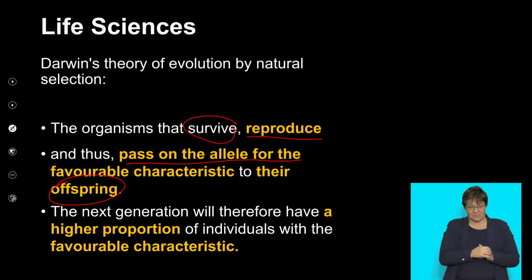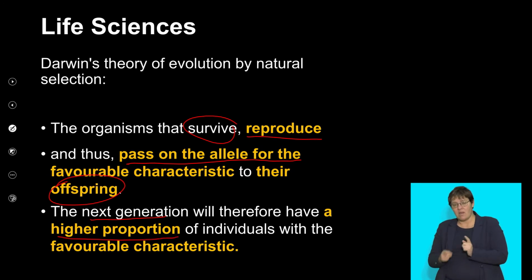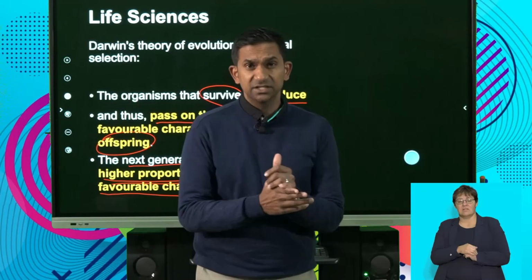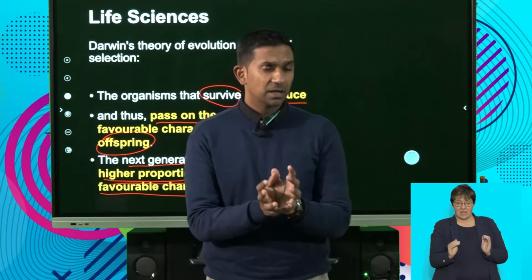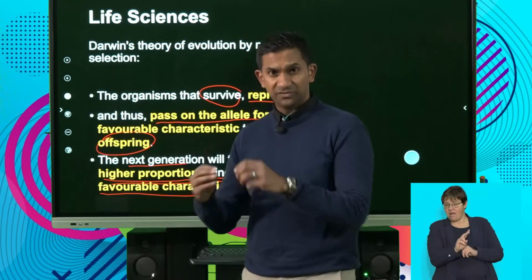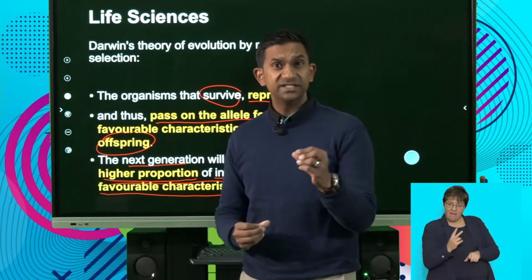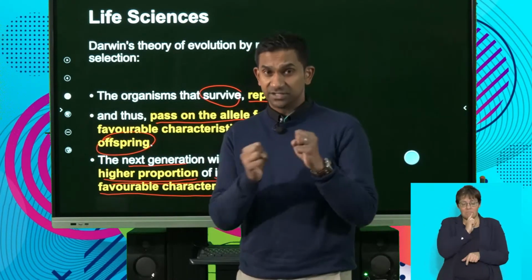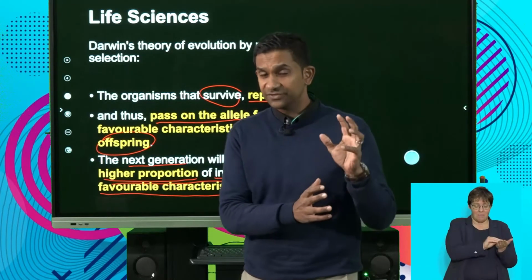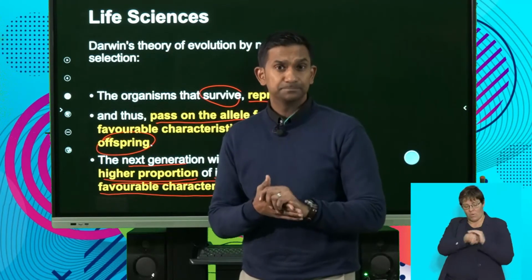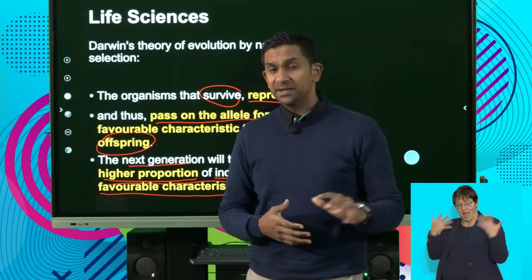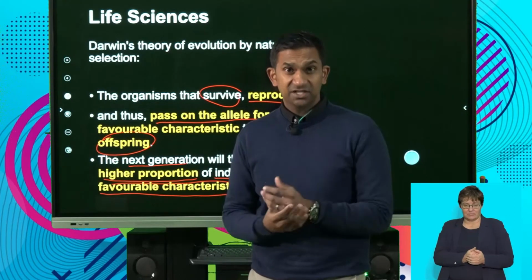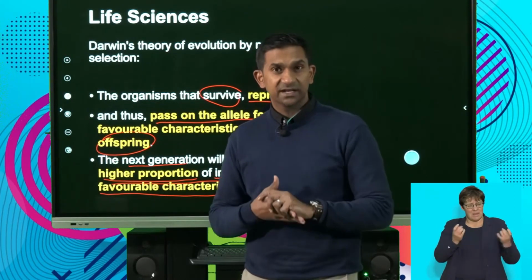Finally, we see that the next generation will therefore have a higher proportion of individuals with that favorable characteristic. And as I mentioned, when we compare that to what has happened in the example, we notice that gradually, over a short period of time, there's an increase in the distribution or the frequency of the dark colored mice.